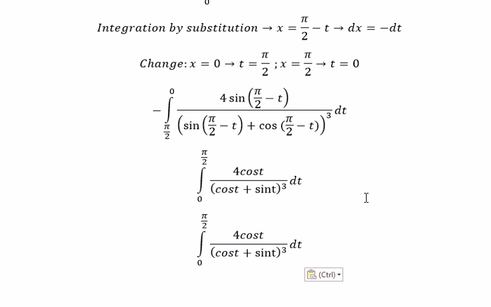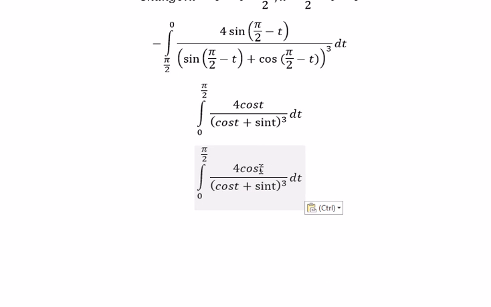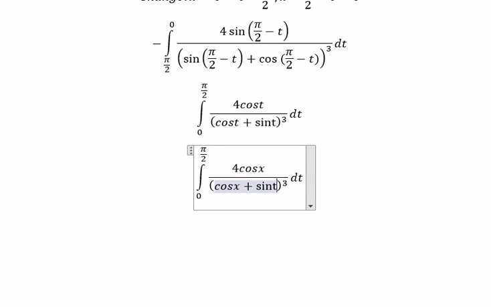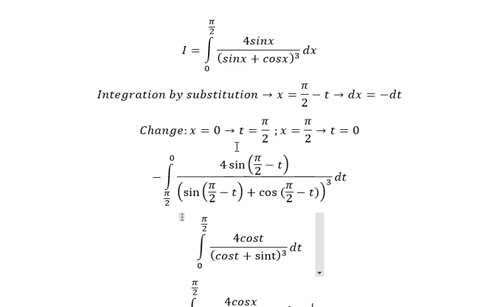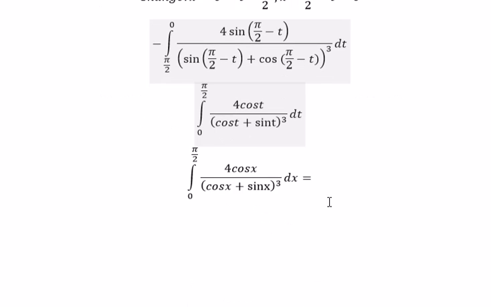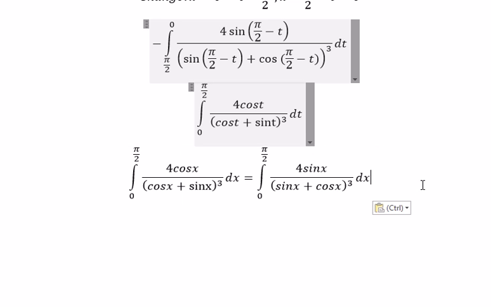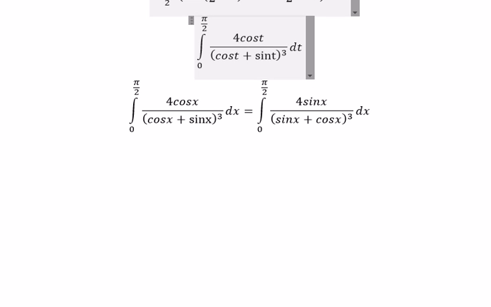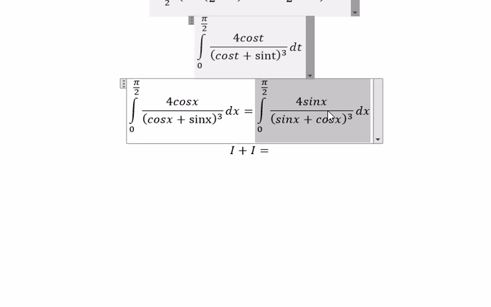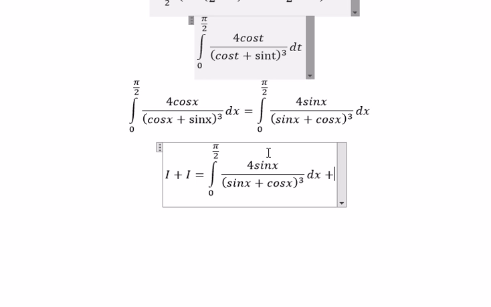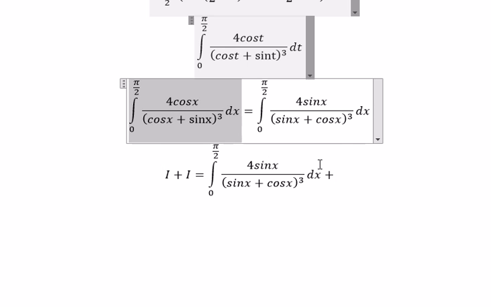Later we change t back to s. And we know that this one equals this one. So I put I plus I equals this one plus this one.